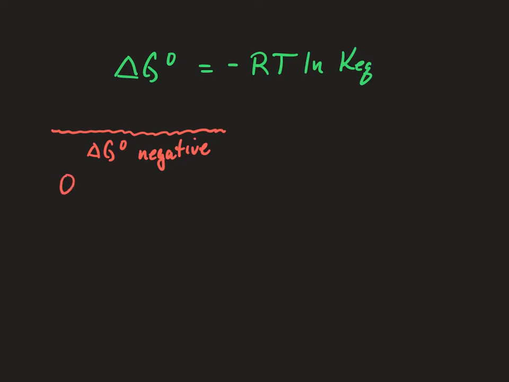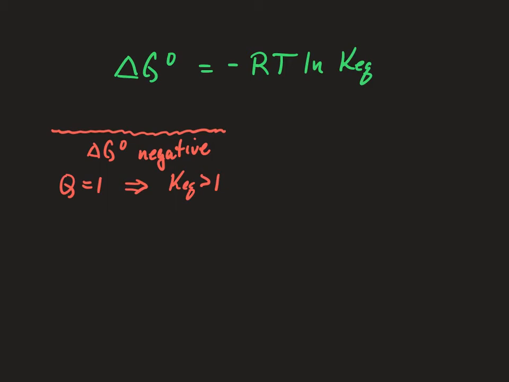Remember that here Q is equal to 1. And if delta G0 is negative, the reaction will move to the right to move toward equilibrium. And so that means our equilibrium constant must be greater than 1 for that reaction, right?